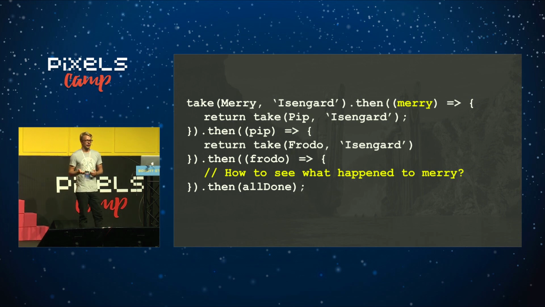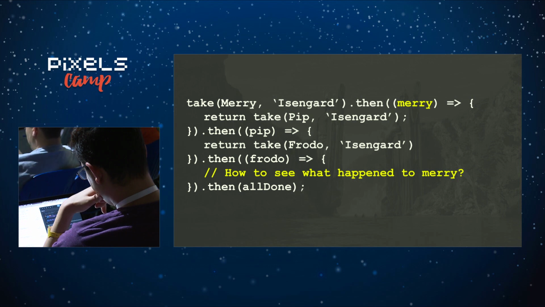We didn't have this problem when we nested the promises, because Merry was in scope of the first callback function. But now that we moved things around, the Frodo function no longer has Merry bound to it in any way. Now we could make a global variable or something like that, but that would be really, really bad, and we want to avoid that at all costs.